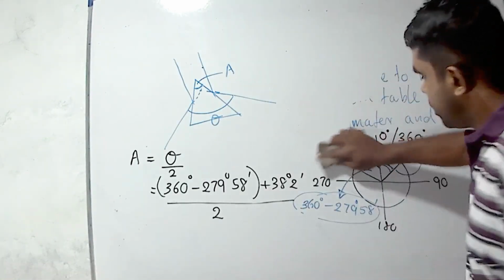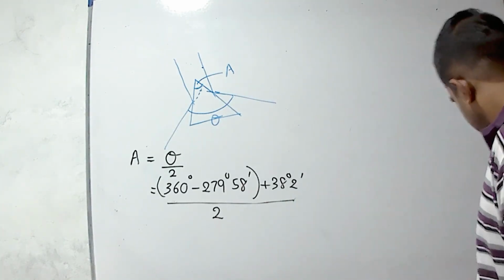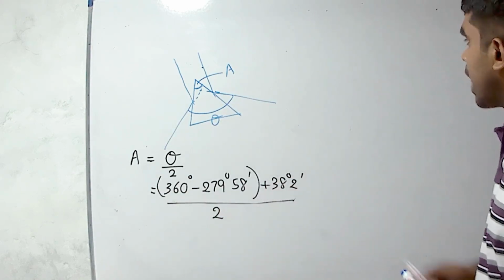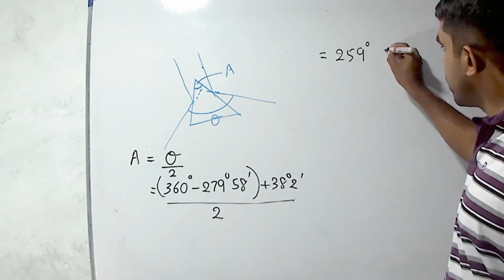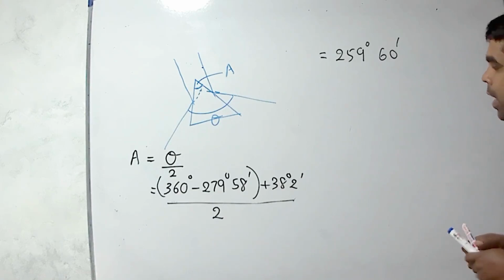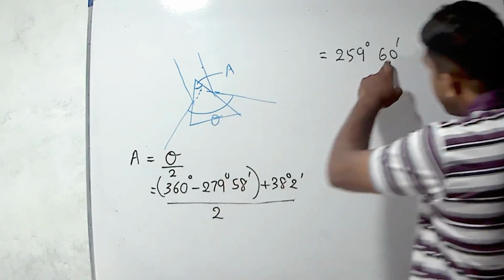Then I will calculate it. When subtracting angles with minutes, we have to convert this angle. We can write it as 259 degrees and 60 minutes. We know that 1 degree is 60 minutes. Therefore, we can take 1 degree from this side to the minute side.